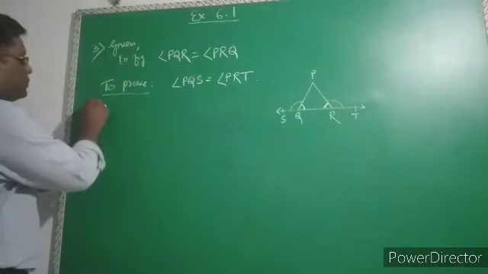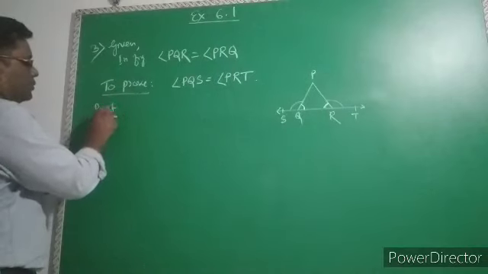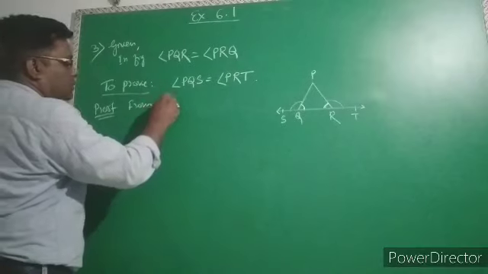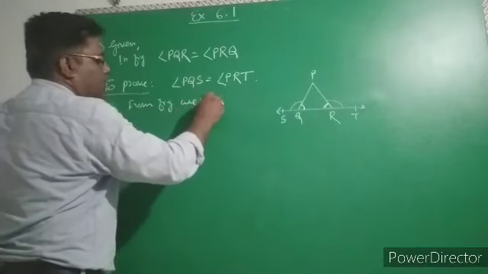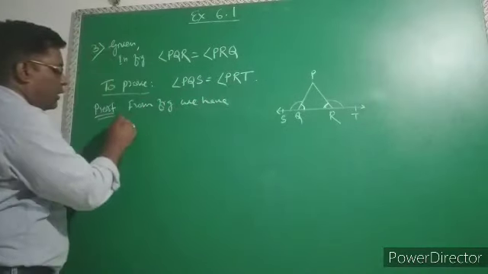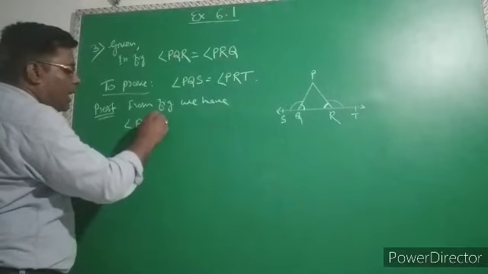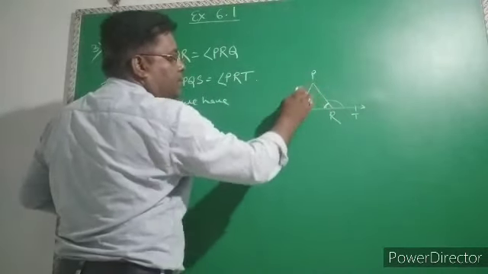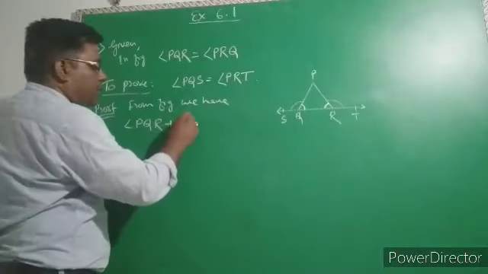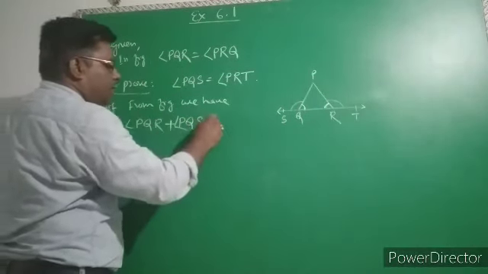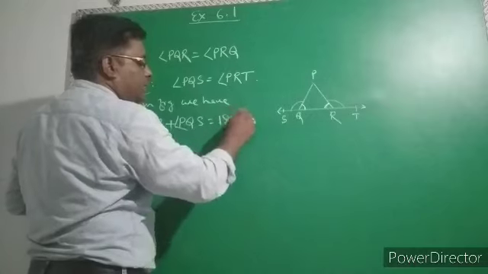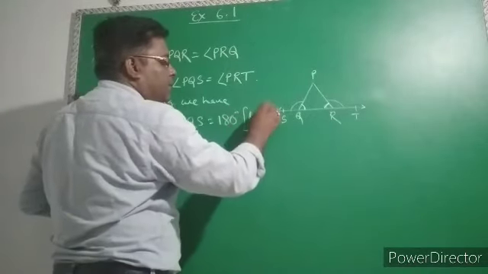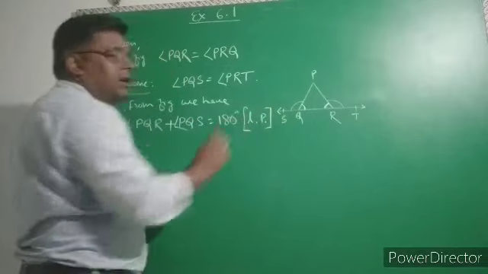So, proof. From the figure we have angle PQR plus angle PQS is equal to 180 degrees. In bracket, linear pair. It's called linear pair.